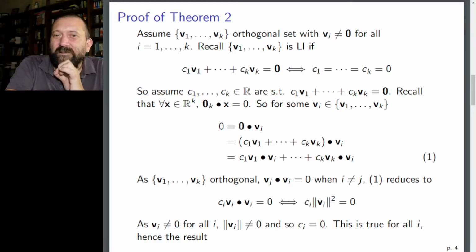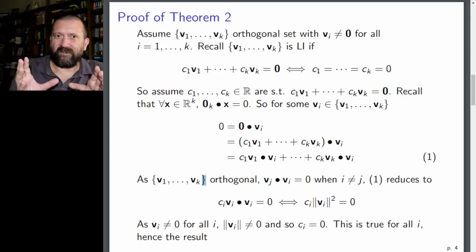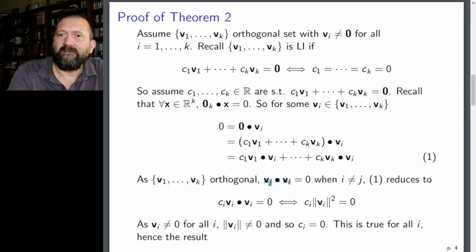Now, because that set V1 to Vk is orthogonal, by definition, I know that whenever I take two different vectors in this set, the dot product is 0. The only one that is not 0 is when I take the same entry. So two by two, all these vectors are orthogonal. That means that Vj dot Vi is equal to 0 whenever i is not equal to j.